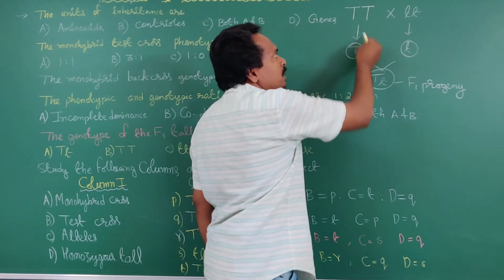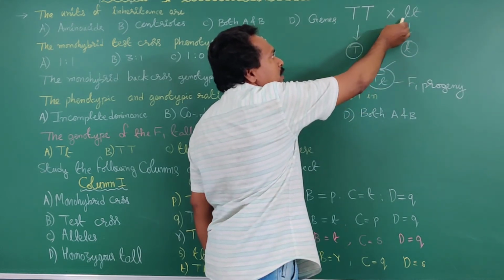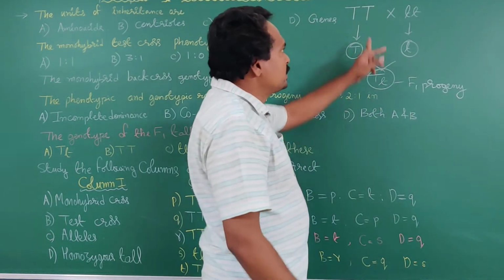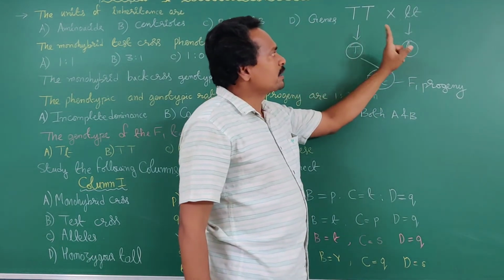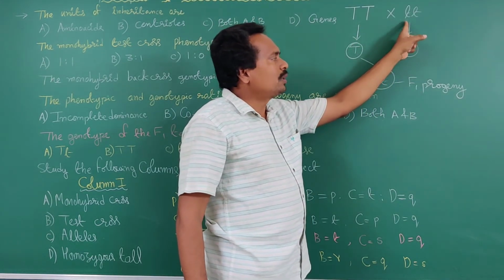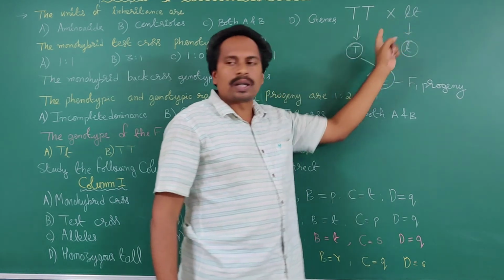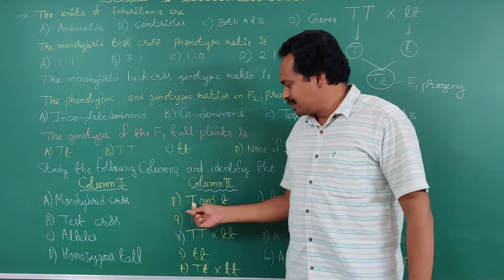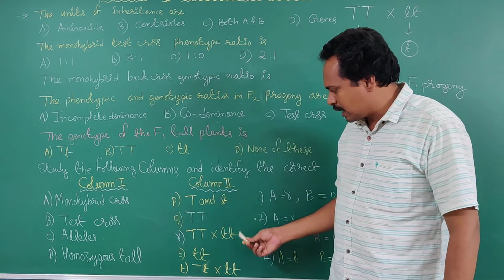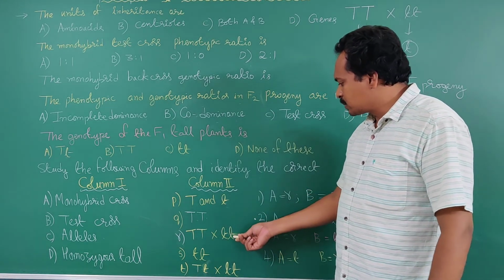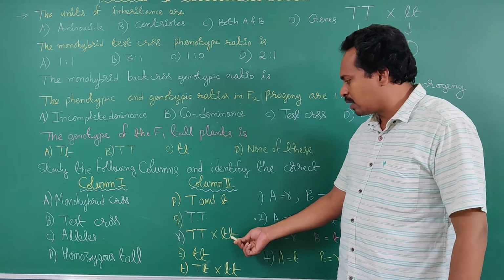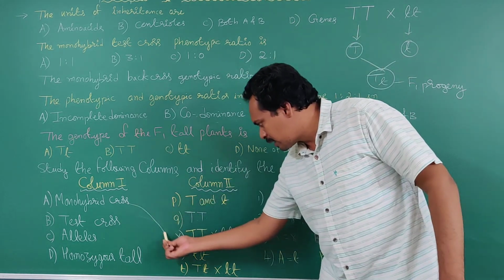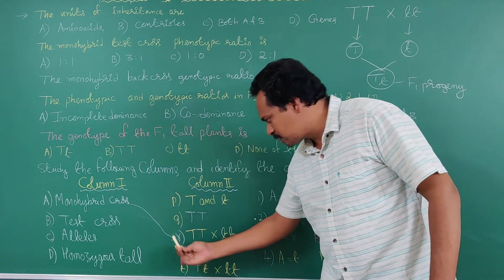So this is capital T capital T cross small t small t. That means the tall pea plant is crossed with a dwarf pea plant. So this is a monohybrid cross, and in column 2 it is R.